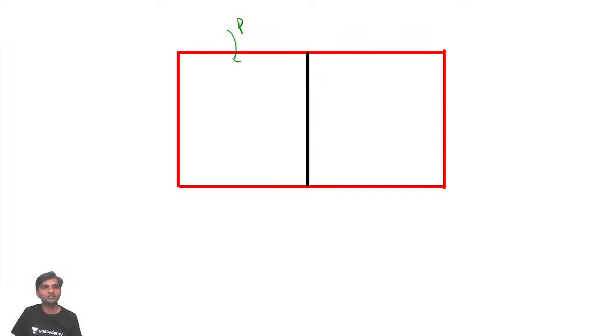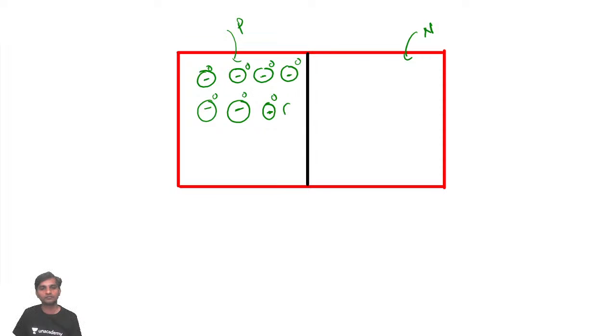This is the N region. Now let us say I have negative ions here, which has holes, holes, holes, holes.